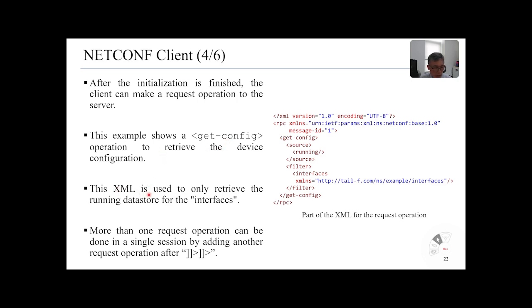This XML is used to only retrieve the running data store for the interfaces. So you can get the operation result. You can use multiple request operations, after which this sequence of end-of-message characters can be used.